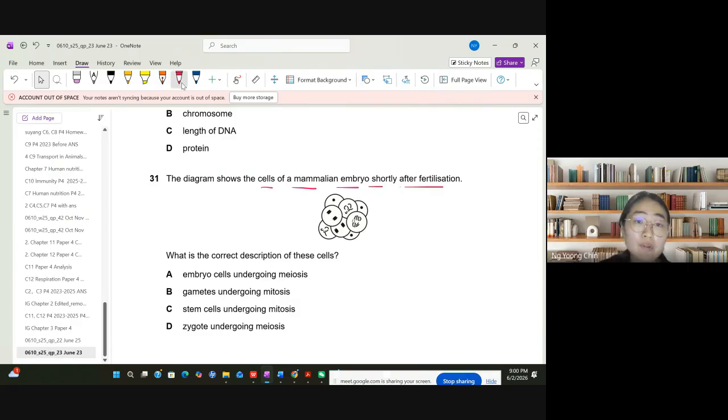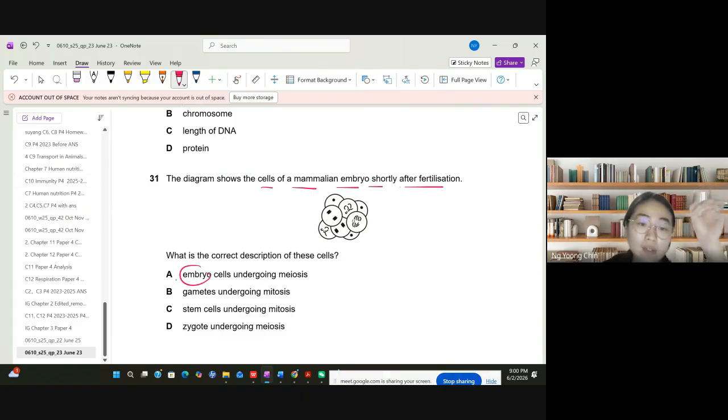So you know that embryo, they only become embryo. The meiosis will produce the gametes, right? The male and female gametes. So when these two gametes fertilize together, they will produce a zygote, a diploid zygote. The diploid zygote undergoes mitosis and then becomes an embryo. An embryo is a ball of cells. So that's why the embryo is the one that carries out mitosis.